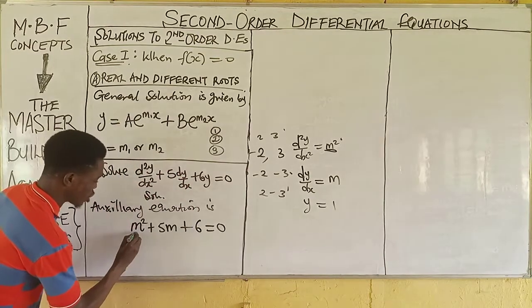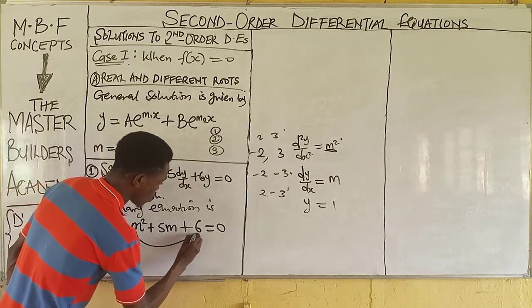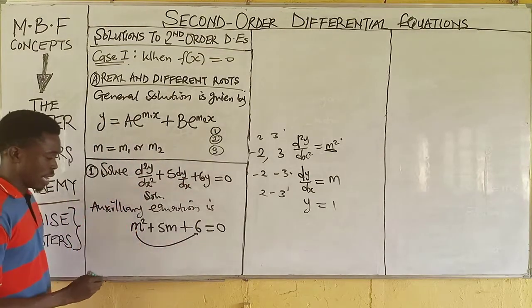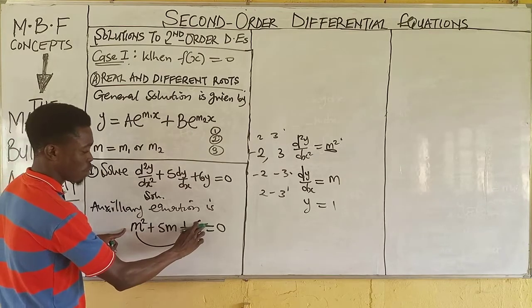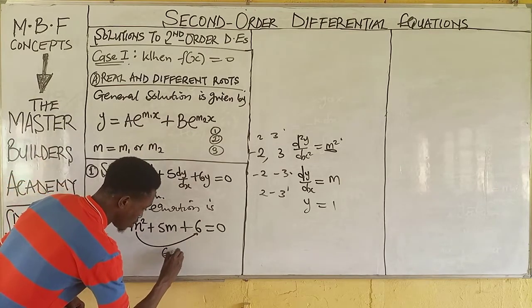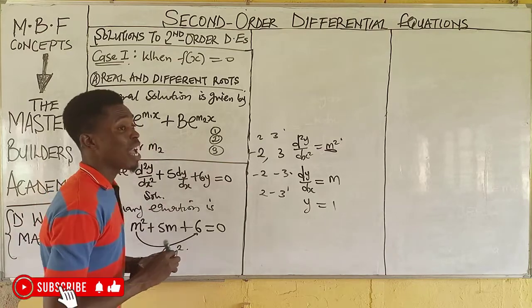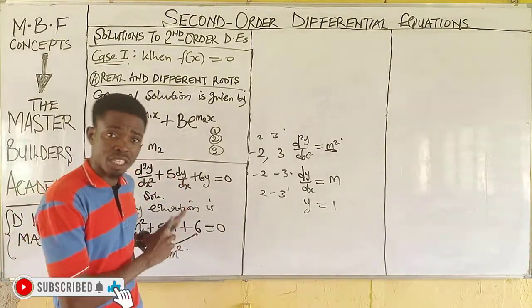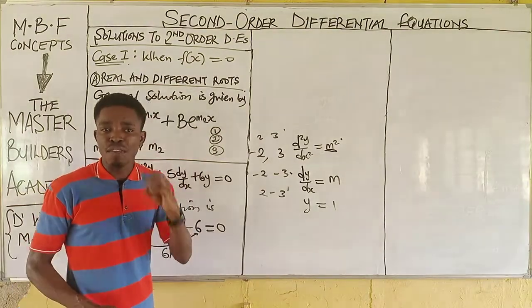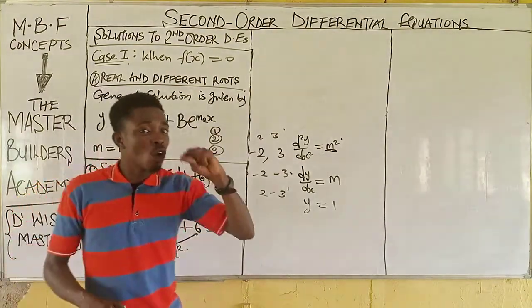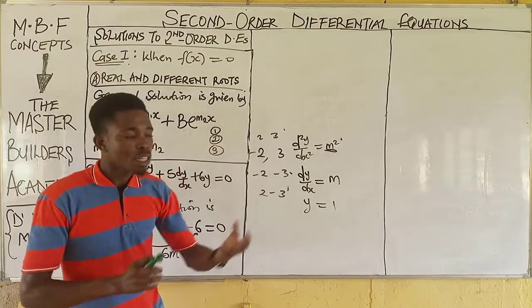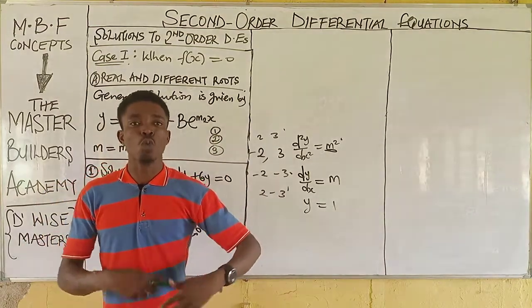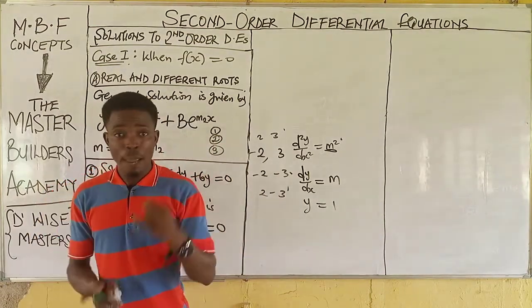Here, to use the factorization method, all you need to do is to multiply the leading term with the constant. M squared multiplied by the constant, the one without m. This will give us 6m squared. I may not be able to take much time to explain quadratic equations because this video is not about quadratic equations. So you can visit our page and go down to our playlist, just search for quadratic equation, where you will learn everything about it.